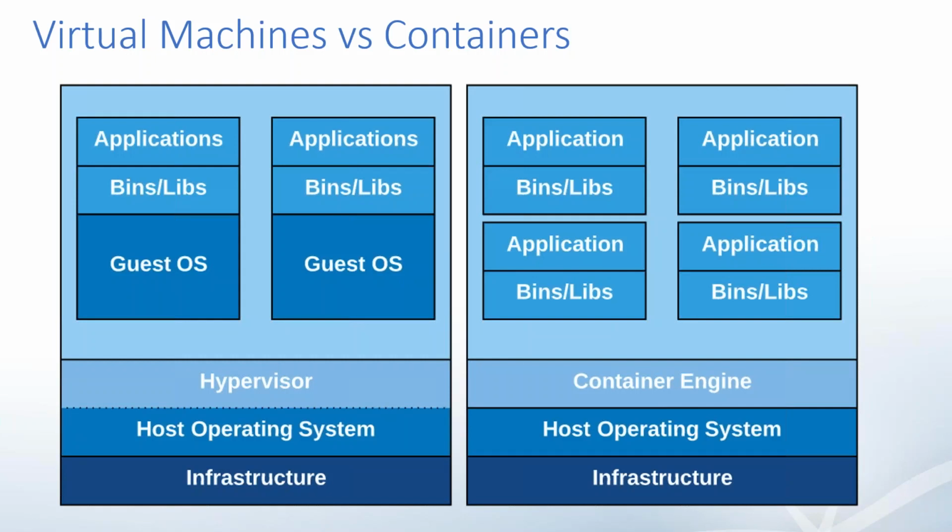We still have our infrastructure, and then we have our operating system, and on top of that, we have the container engine running as a service generally. On top of all of that, we then have our containers, and the containers only have the necessary binaries and libraries required by the applications within them. And that is the key difference. Containers do not have a full-blown guest OS, and as such, their footprint is significantly less than virtual machines. You can run a lot more containers on a host than you can virtual machines without oversubscription.